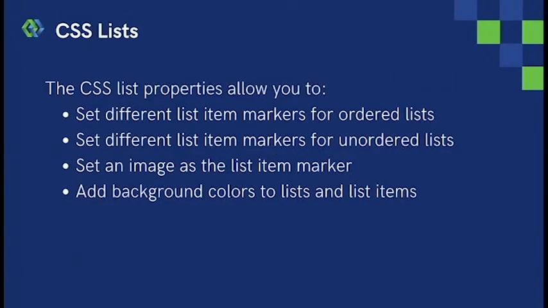Okay, let's proceed with the CSS list. So the CSS list properties allows you to set different list item markers for ordered lists, also with unordered list, and set an image as the list item marker, add background colors to the list and list item.